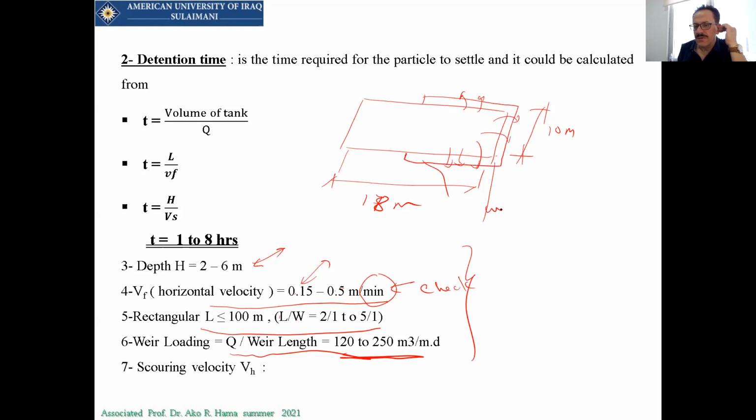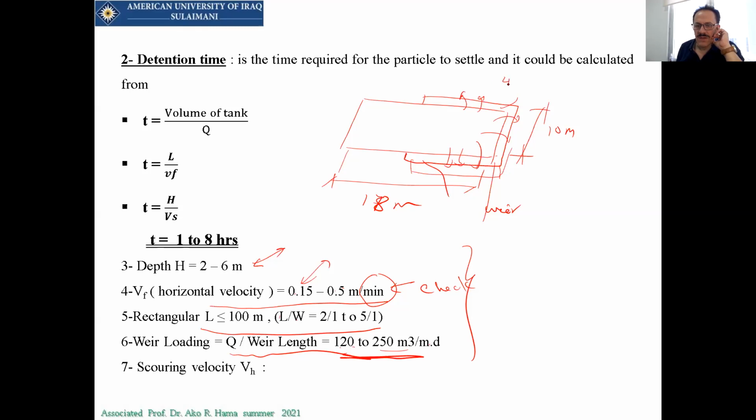This is the weir. The weir means the place that is collecting clean water from the tank. Now it should be checked. Usually the weir loading will be between 120 to 200 meter cube per meter weir per day.